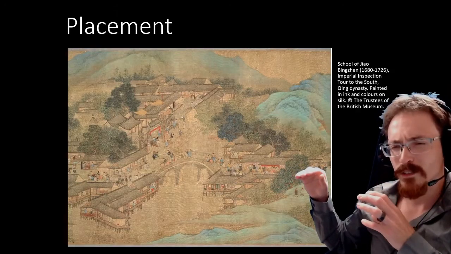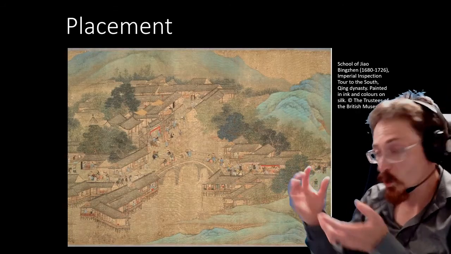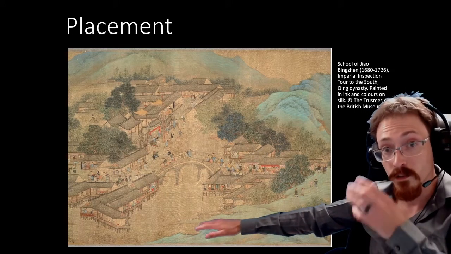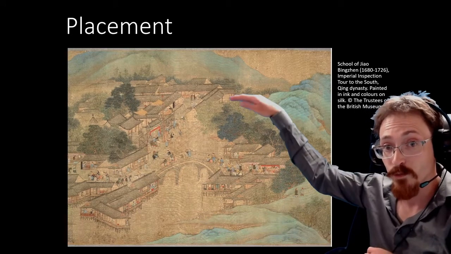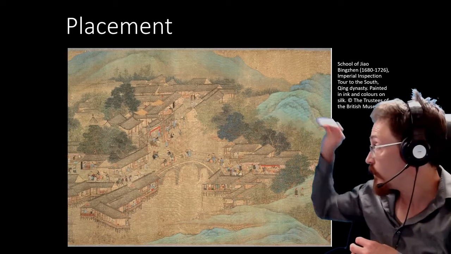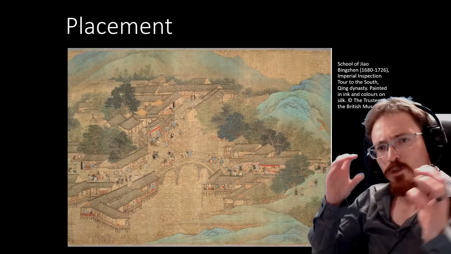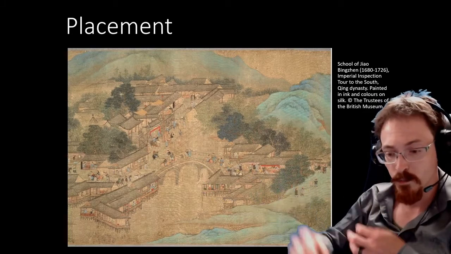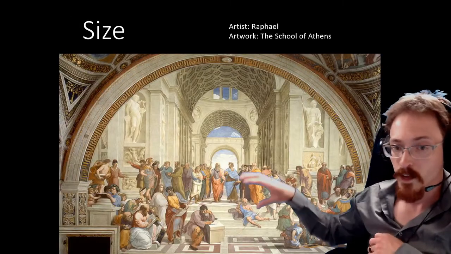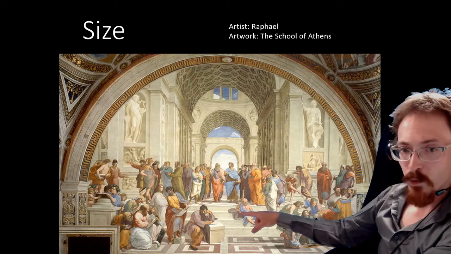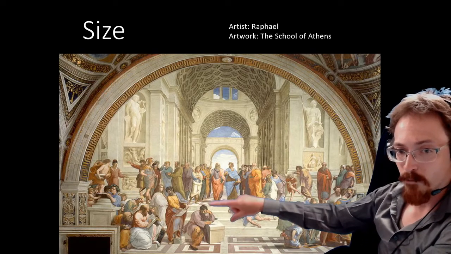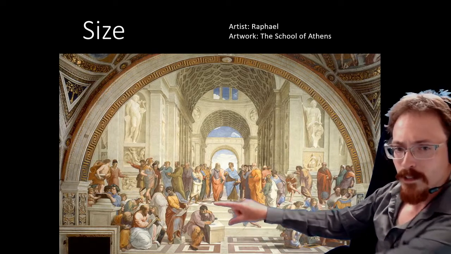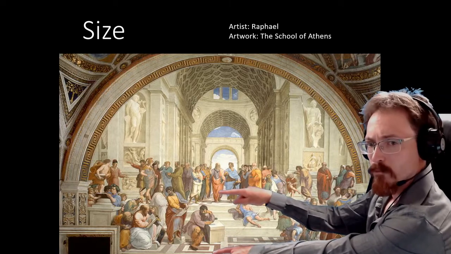Typically, whenever you look at something, things that are closer to you will appear further down on the plane of the artwork, while things that are further away will appear higher up. And you may also notice that as things get further away from you, they get smaller. For instance, size. This guy, he's about that tall.